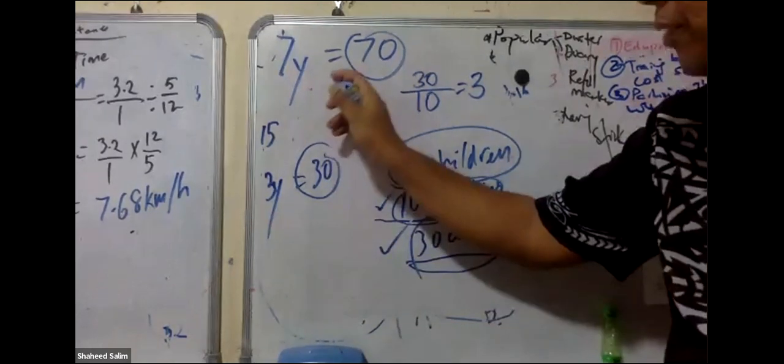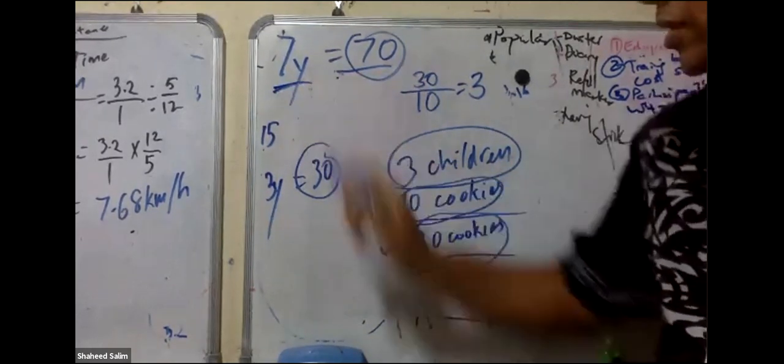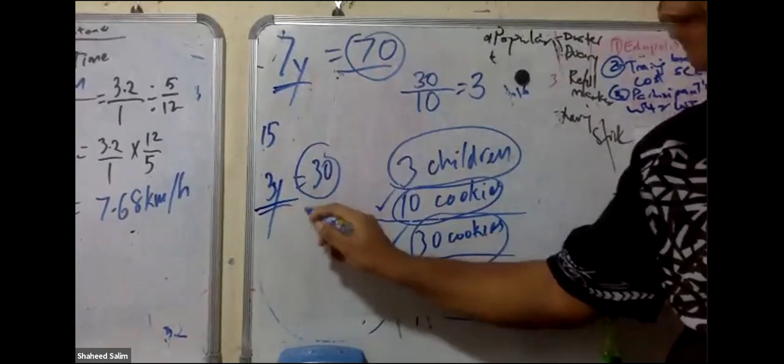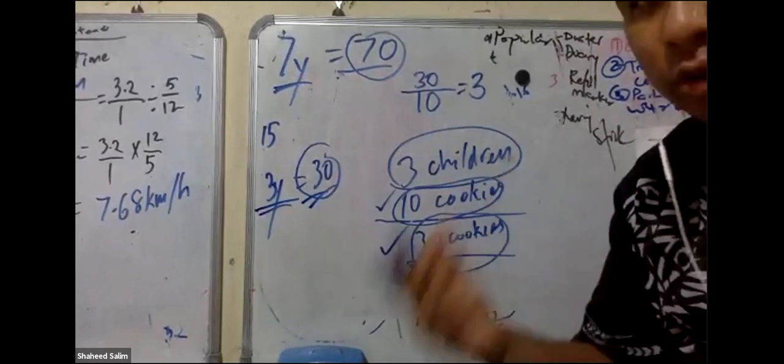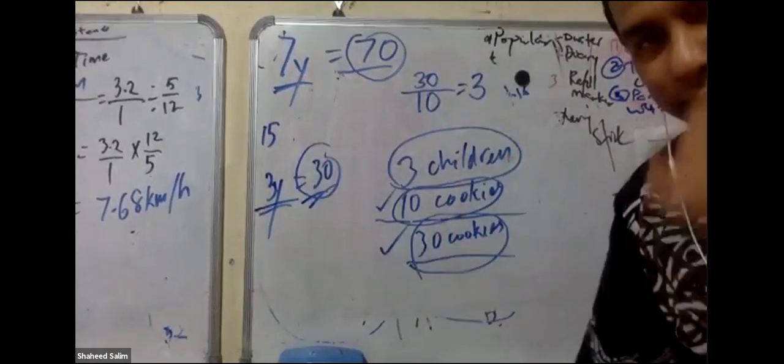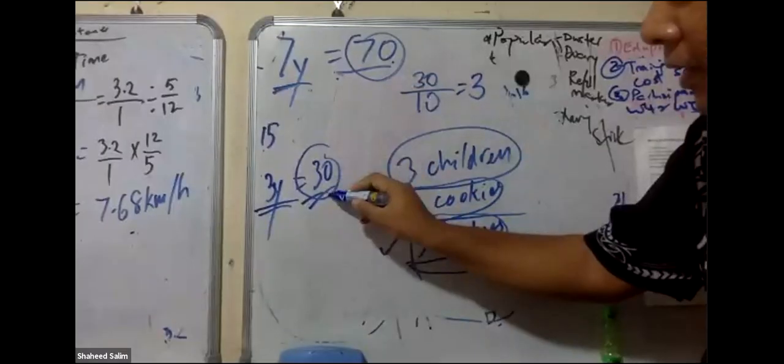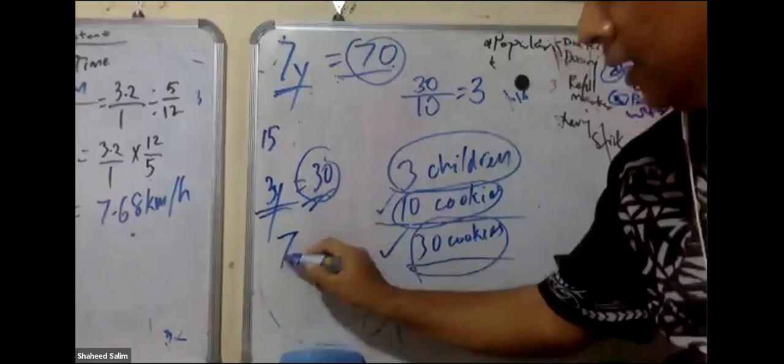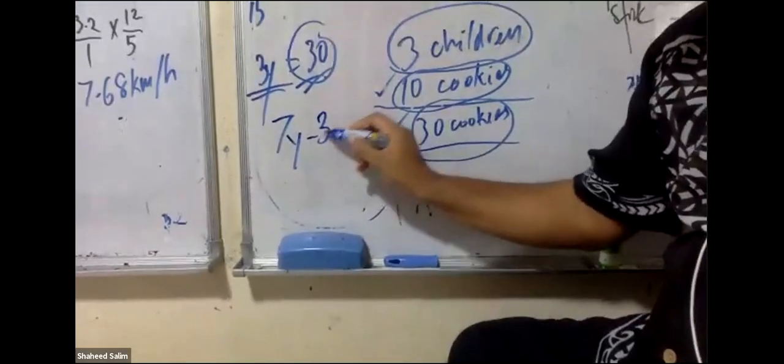She baked 70 cookies, let's say 7y cookies. She got 3y left, she got 30 left. How many cookies did the children receive? 40. You take 70 minus 30. You take 7y minus 3y.